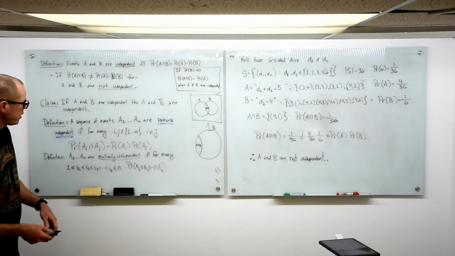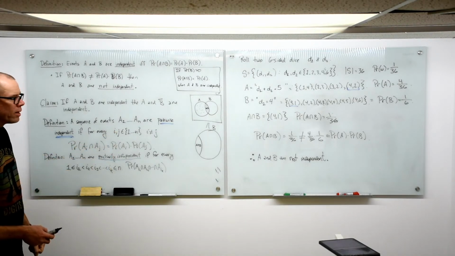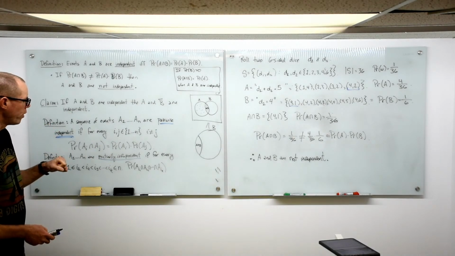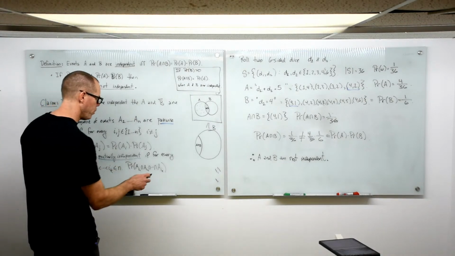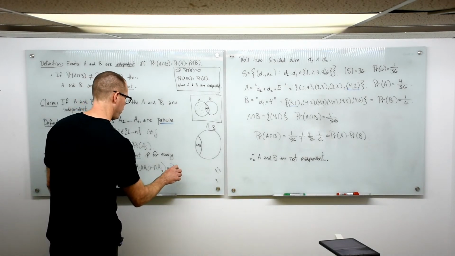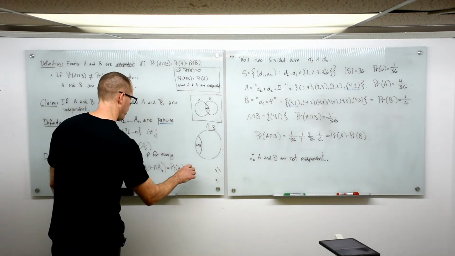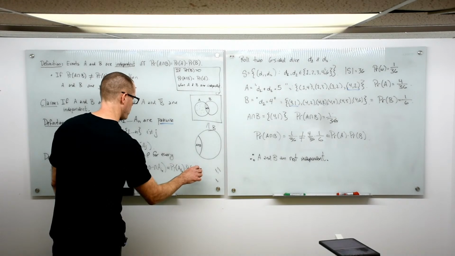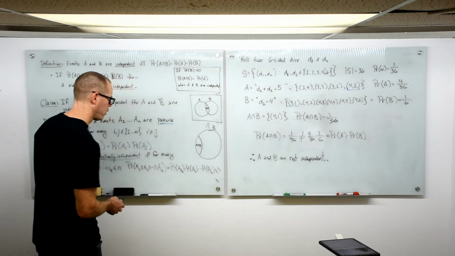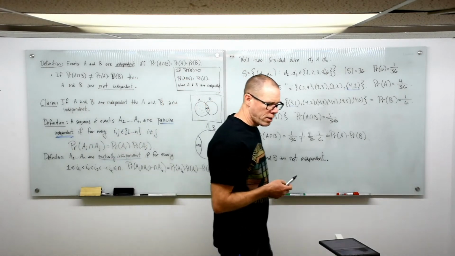So it says I should be able to take any subset of these events, any subset of at least two of them, and the probability that they all happen should be equal to the product of their probabilities. AI1 times the probability of AI2 times probability of AIK. So that's this definition of mutual independence.